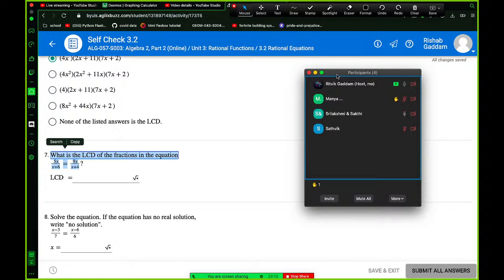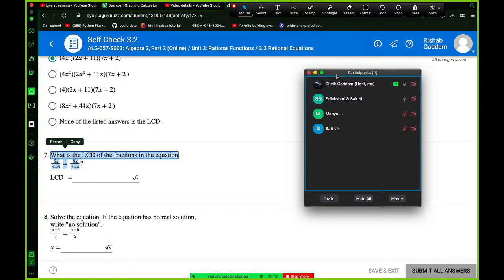I don't really get the fact of square roots, I guess. So you don't need to do square roots for this question. Okay. Then do I just multiply the denominators? Yeah.